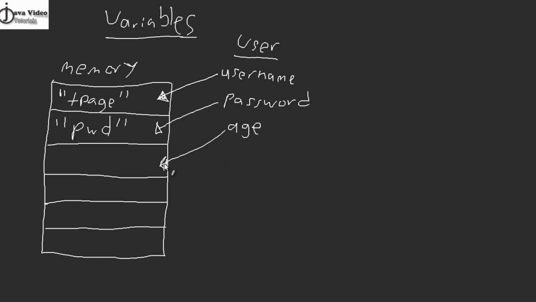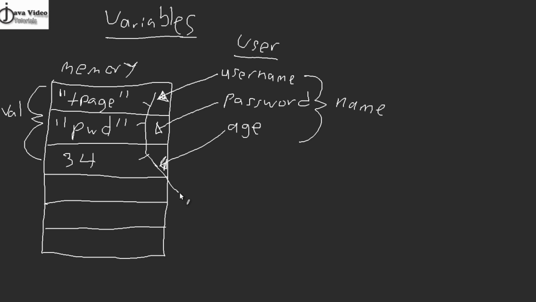Age could be stored in another location as well, so these are all the actual values that I mentioned before. Okay, the values. These represent the actual name of the variable, and what they're pointing to, okay, here, here, and here, is the actual storage location. Okay, which is the storage location in memory.